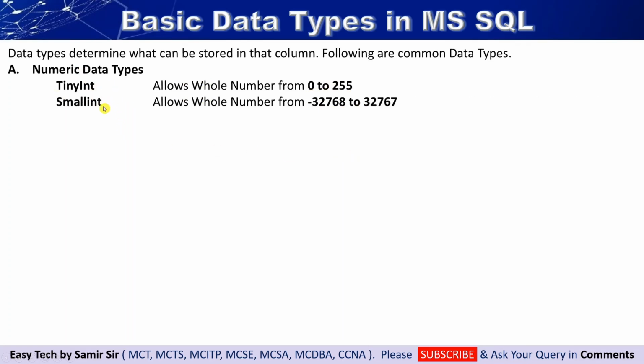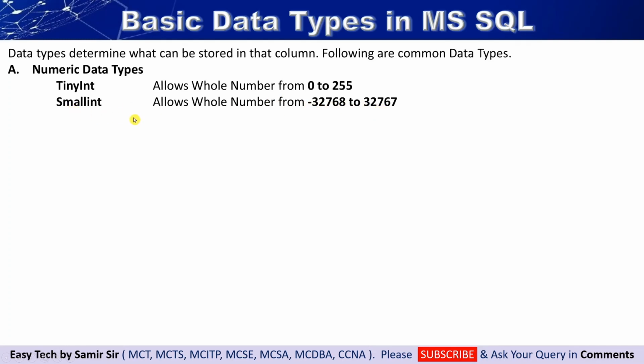Second numeric data type is smallint. It allows you to store a number from minus 32,768 to plus 32,767. So this is the range. If you want to store any numeric number without decimal in that range, then you can use smallint.